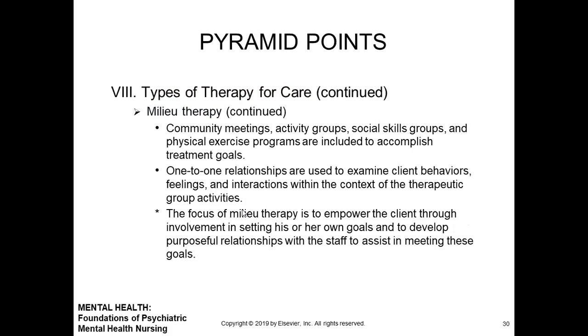And continuing, the committee meeting or activity groups or social skill groups, physical exercise groups. Every patient is in one group, and these groups, two or three groups, have to participate in the same type of activities.